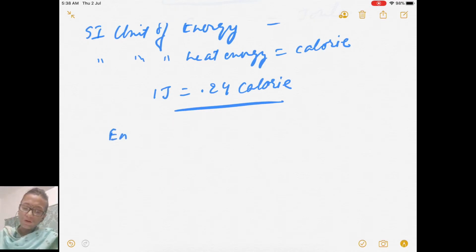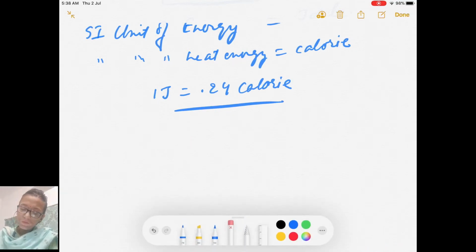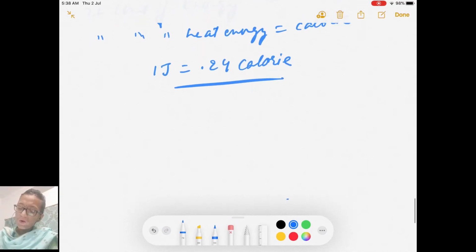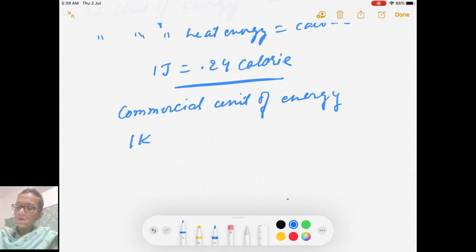Now the commercial unit of energy. Commercial unit of energy is 1 kilowatt hour, and this is also called board of trade unit, BOT unit.